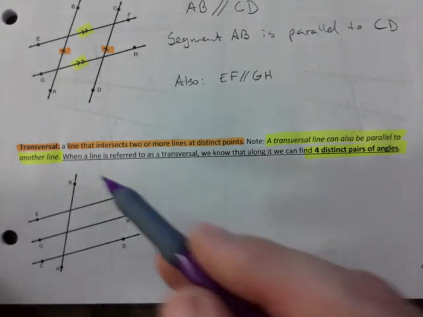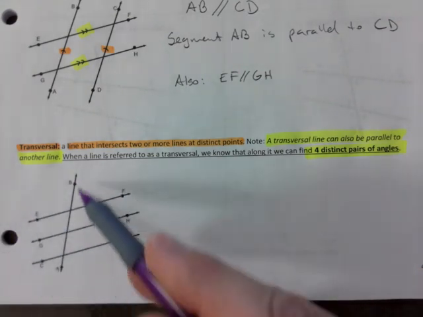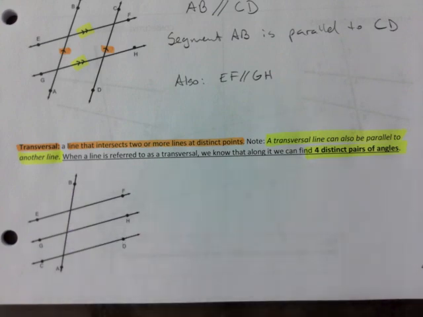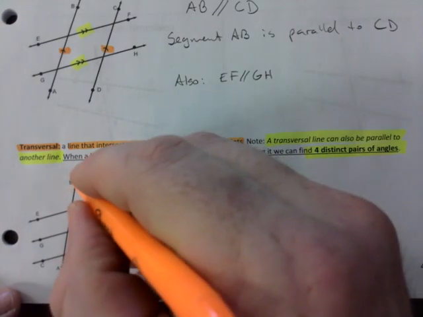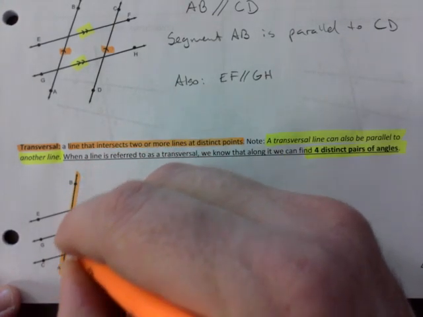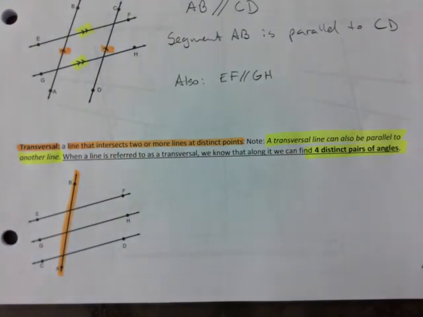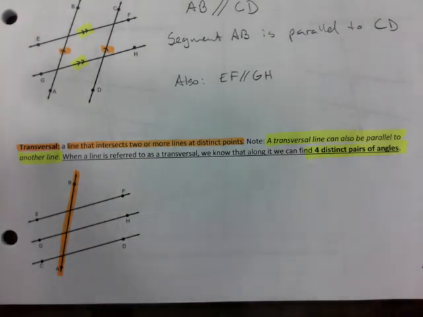In this particular case, there's only one transversal. It's this one, so I'm going to highlight that. That's your transversal line. It cuts two or more lines at a distinct point. We're going to travel along transversals a lot. We're going to pick a line and travel along it to find more angles. Okay, let's keep going.